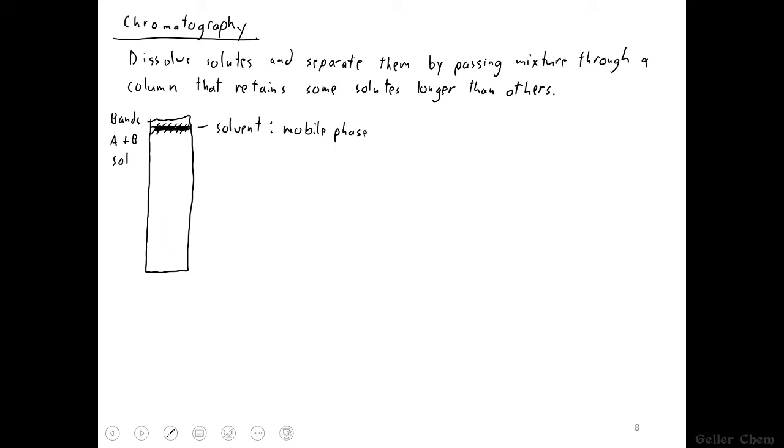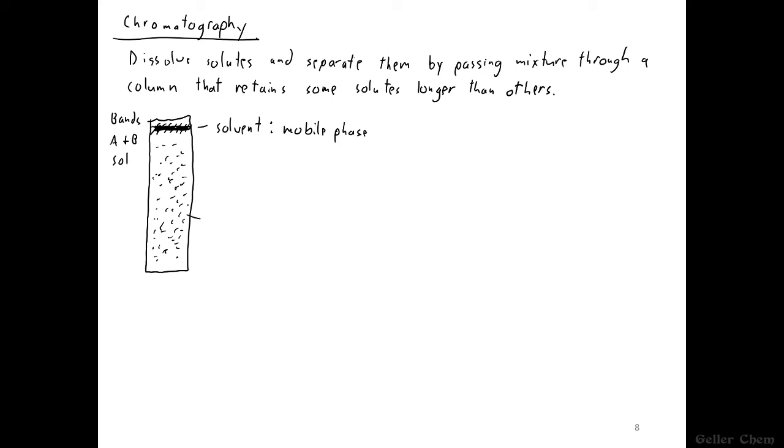However, as we saw in the animation, some solutes will travel faster through the column than others. Why is that? Well, because the column is going to be packed with particles that interact with those solutes and slow them down as they try to leave the column. And again, some solutes will interact with these particles more than others and thus be retained by the column or slowed down more than other solutes. And that's how we get our separation.